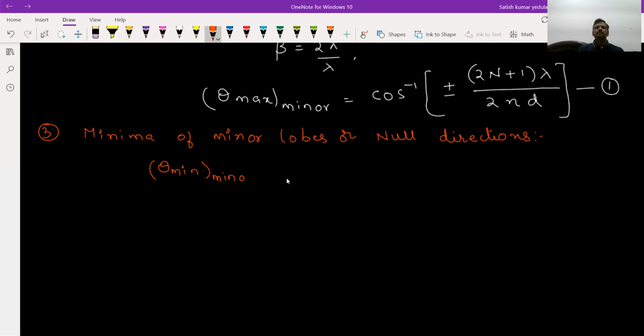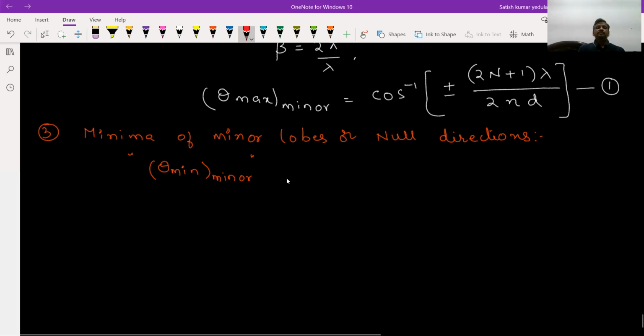This we have already seen in the two element array also. We equated cos of pi by 2 cos theta or sine of pi by 2 cos theta to 0 to get the minimum direction or null. In that case we called it minima direction. But here we have the null directions. Minima of minor lobes are null directions, and we represent it by theta minima of minor.